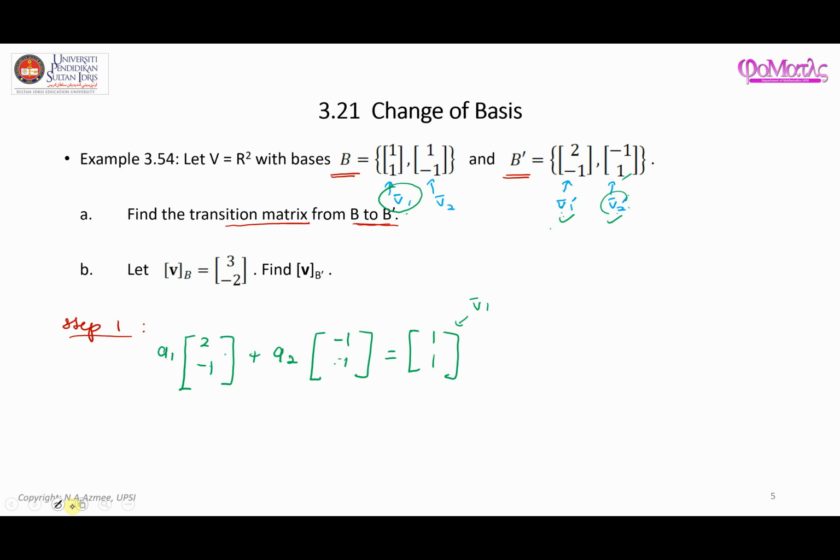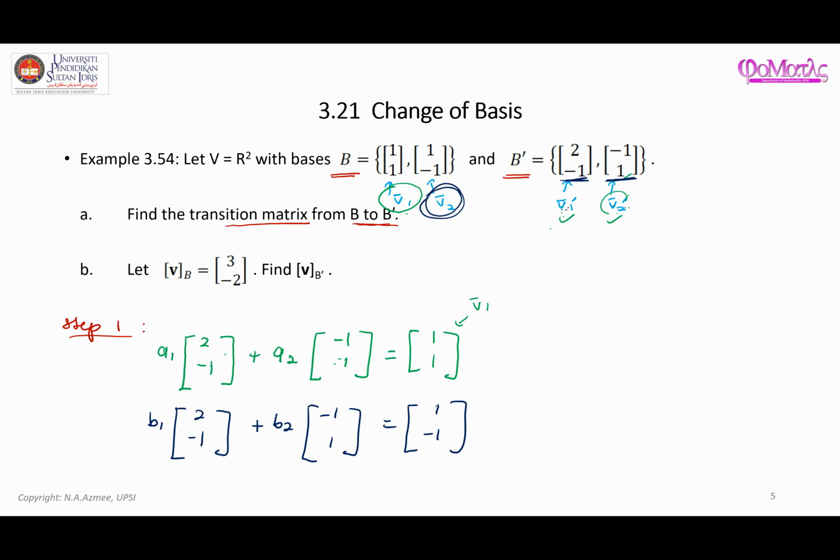So that's the first thing. Second thing is, of course, we need to continue with this guy, which must be written in terms of a combination of these two. So follow the same idea, and we're just going to call it b1 for the scalar next to this guy. So b1 (2, negative 1), plus b2 (negative 1, 1) must be equal to this old vector here, so 1 and negative 1.